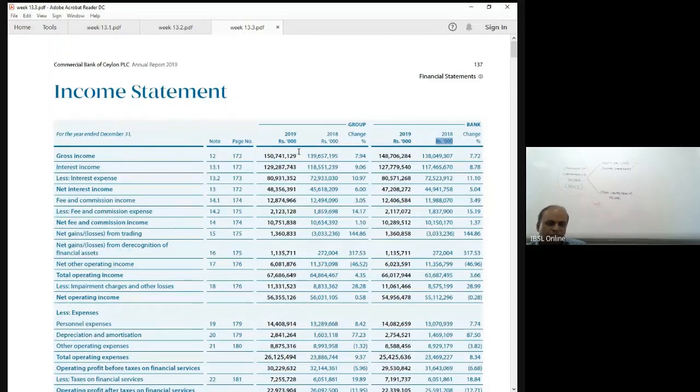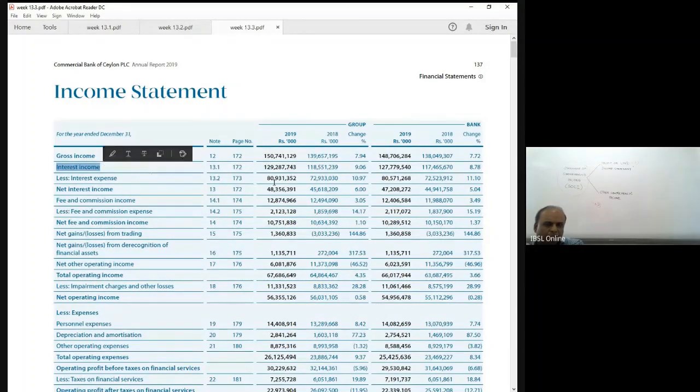Which means nowadays the banks and the companies are having big numbers. So as a result, they can't present their full numbers in the financial statements. What they do is they reduce the presentation amount, though they are showing it in thousands. Now, if it is thousands, can you tell me, let's take this first number, interest income.